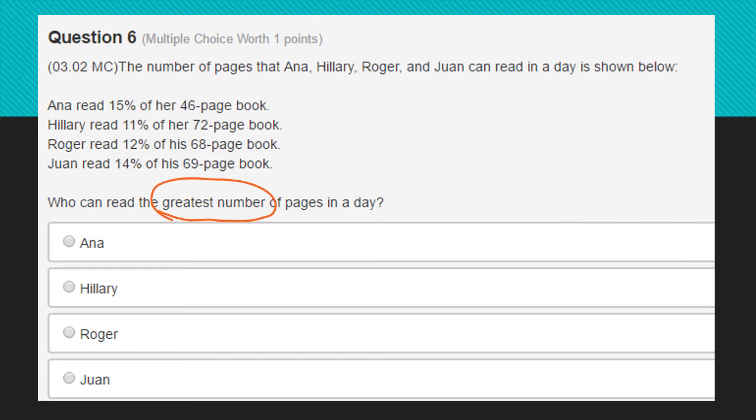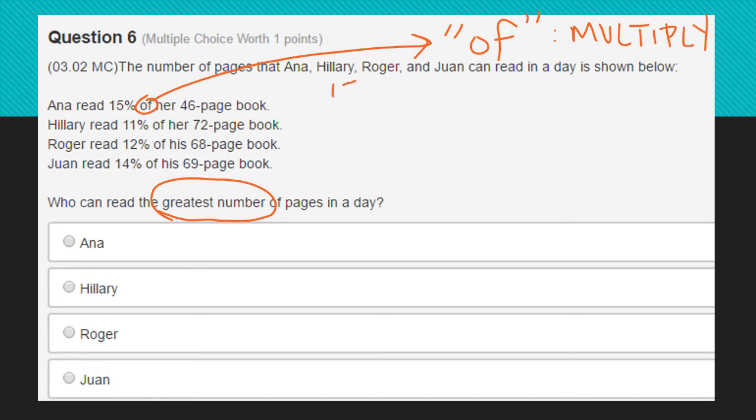Okay, so anytime we see percentages like this, and we see the word of, we should always think multiplication. So of in math world means to multiply. Okay, so when we're looking at this, we have 15% of 46. Now remember, we can't just multiply the 15%.